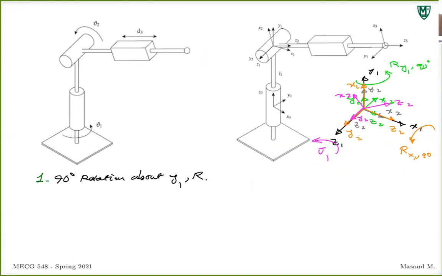Which basically is R y1 90 degrees. Step 2, another is the orange one, so it's a 90-degree rotation about x1. Everything is about the original frame, 90 degrees.